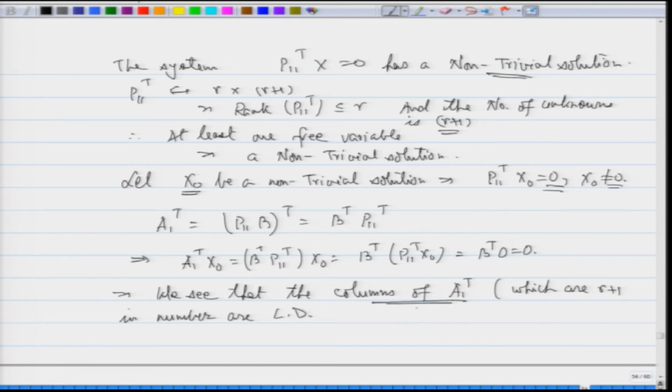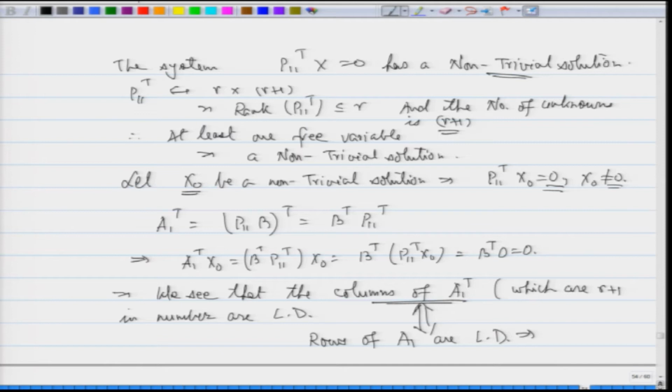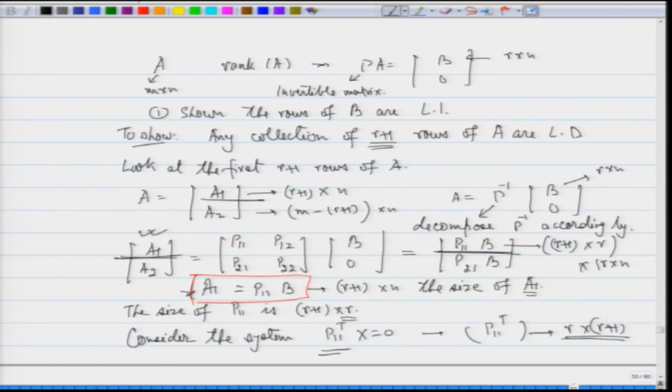So, columns of A1 transpose are linearly dependent if and only if rows of A1 are linearly dependent, and this implies that the first R plus 1 rows of A are linearly dependent. All right. So, we have shown that if I am looking at the first R plus 1 rows of A1 here, then they are linearly dependent.